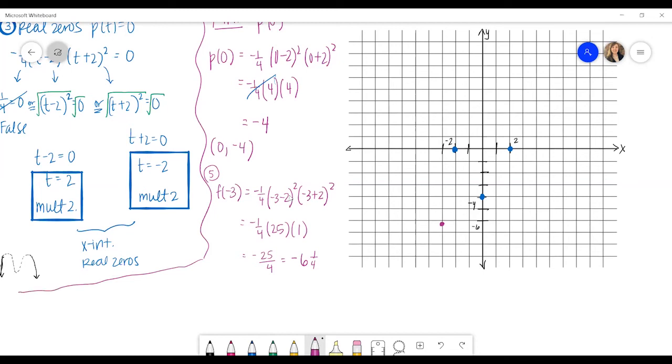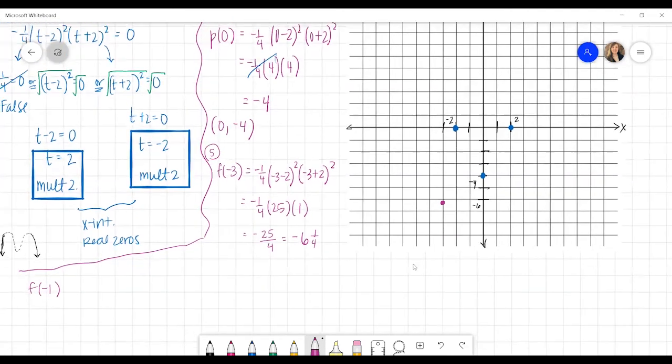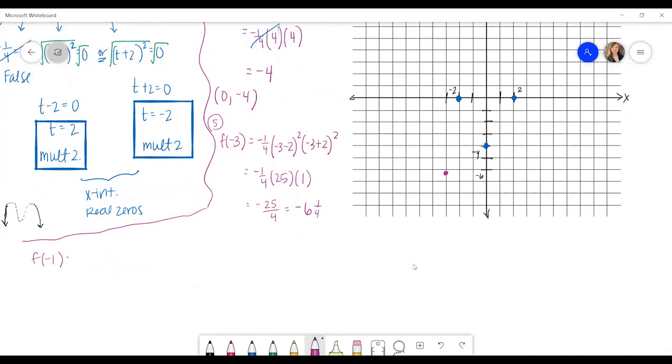Other points we can try, well, we need something between -2 and 0. I do feel like we can see where it's going, but it doesn't hurt to plug in more points. So let's try f of -1. I'm gonna scoop this up so we can see it a little better. And so that would be -1/4, -1 minus 2 squared, -1 plus 2 squared.